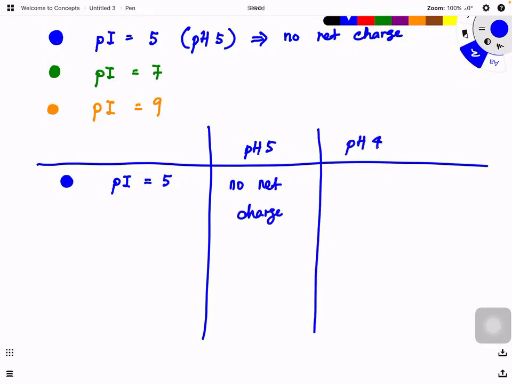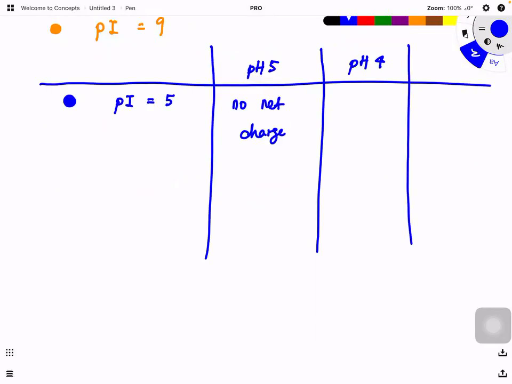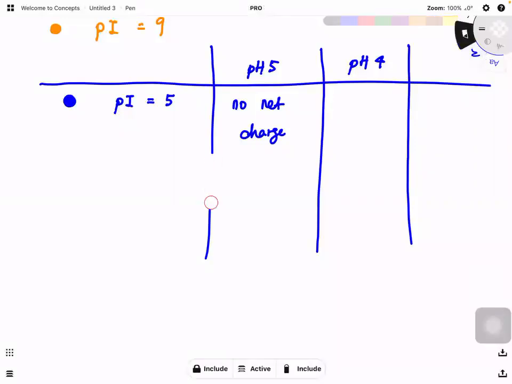What will happen? Now look at this. If pI equal to 5, pH 4 means we have extra H plus, correct? They have extra H plus. So with the extra H plus, what we're going to do here is, you can see that now the protein, let me show you.